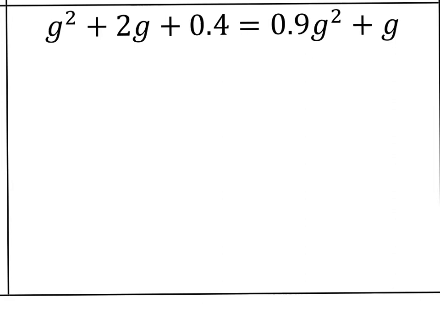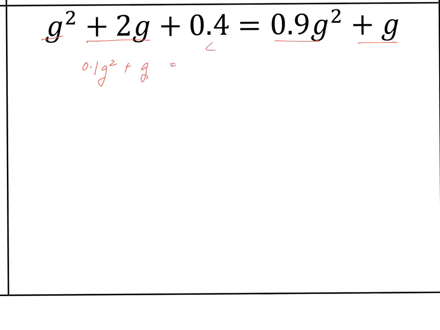Now, this fifth example here is also not in quadratic standard form, so I need to change these terms around a little bit. So I'm going to subtract 0.9 g squared from g squared, and that will be 0.1 g squared. I have positive g on the right hand side, so I need to subtract that from 2g, so that would be 1g.